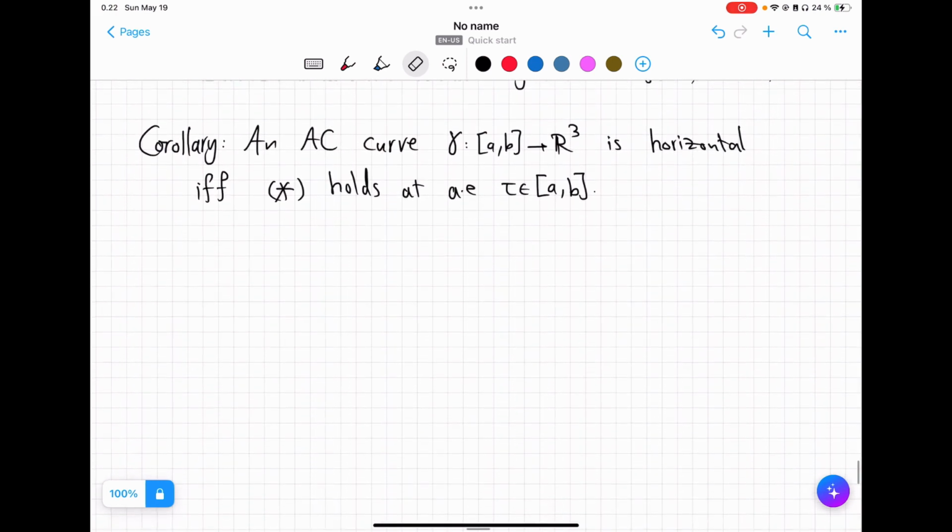Okay, but the most useful aspect of this is that it will help us build and construct horizontal curves. Okay, and I want to put it in the form of a theorem.